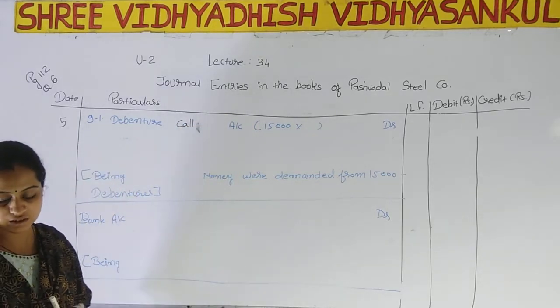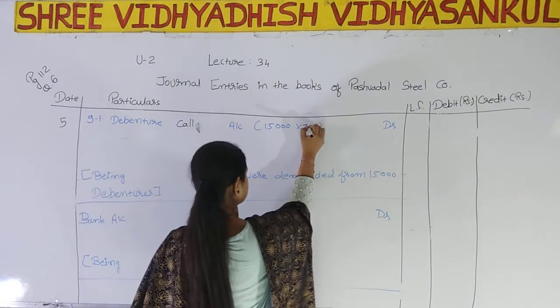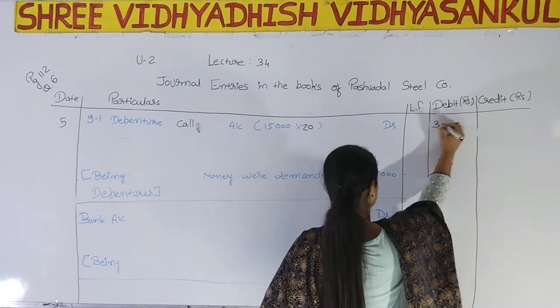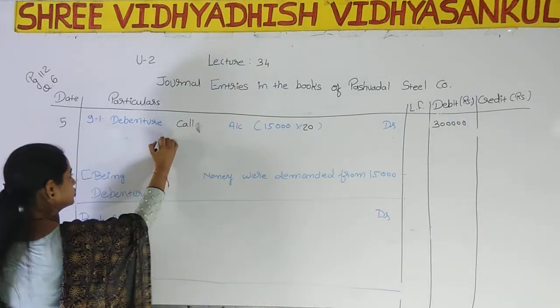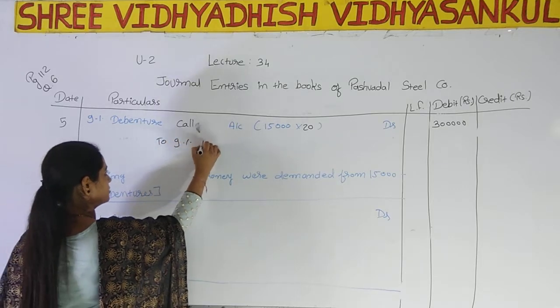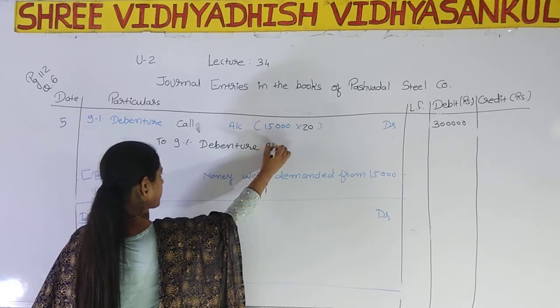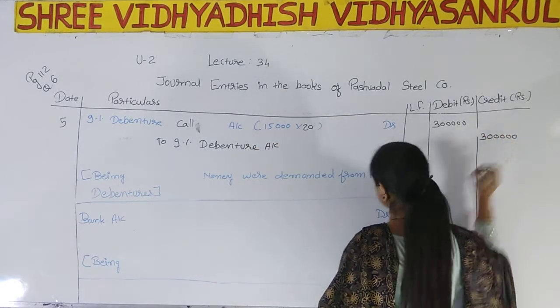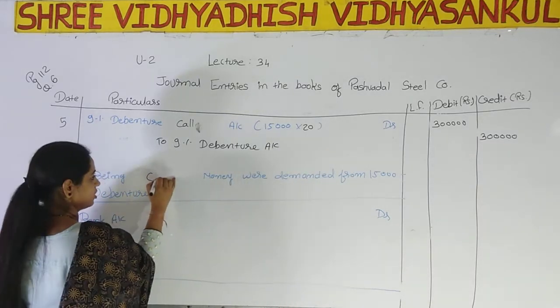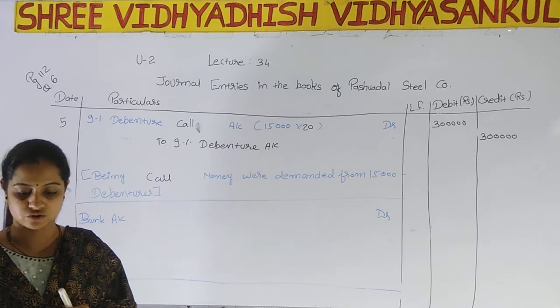The amount that we have demanded is 20, so 3 lakh, to 9% debenture account. Being call money were demanded from 15,000 debenture holders.